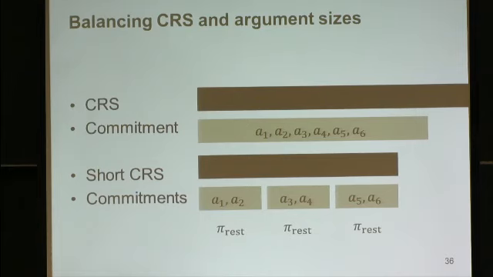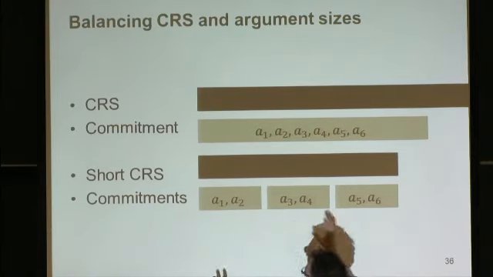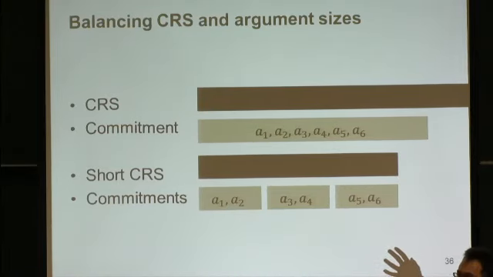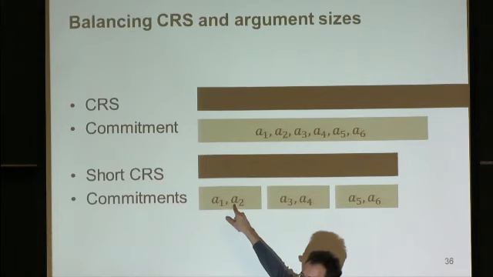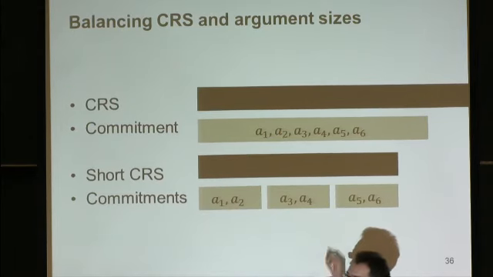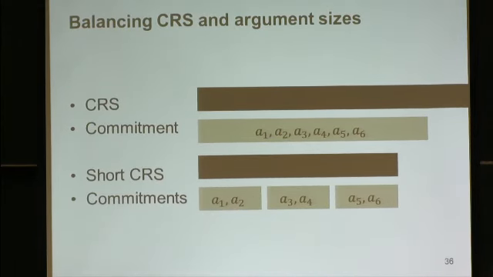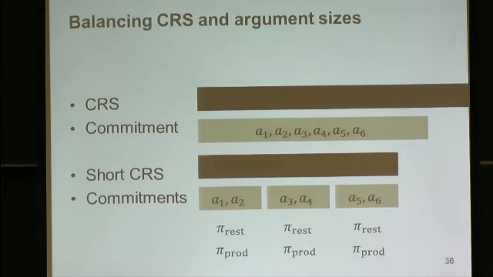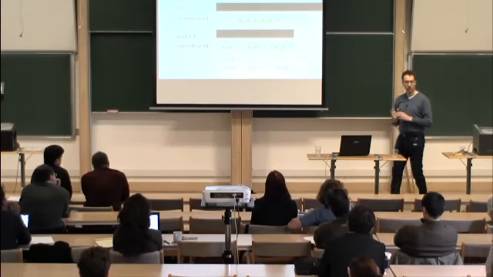So now I make many commitments. Each of them contains some block of the wires. Okay? So that's what we have here. And you can basically think of this vector of commitments as a commitment to all the wires, right? And you can operate independently on the first commitment, on the second commitment, and so forth. So you can still do the restriction arguments on those. You can still do the product arguments on them.